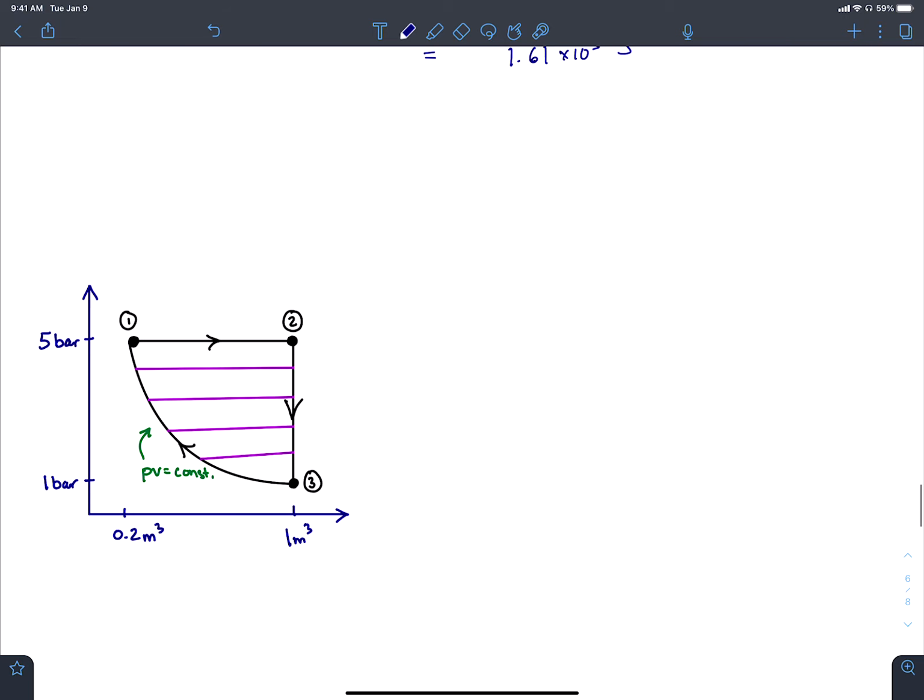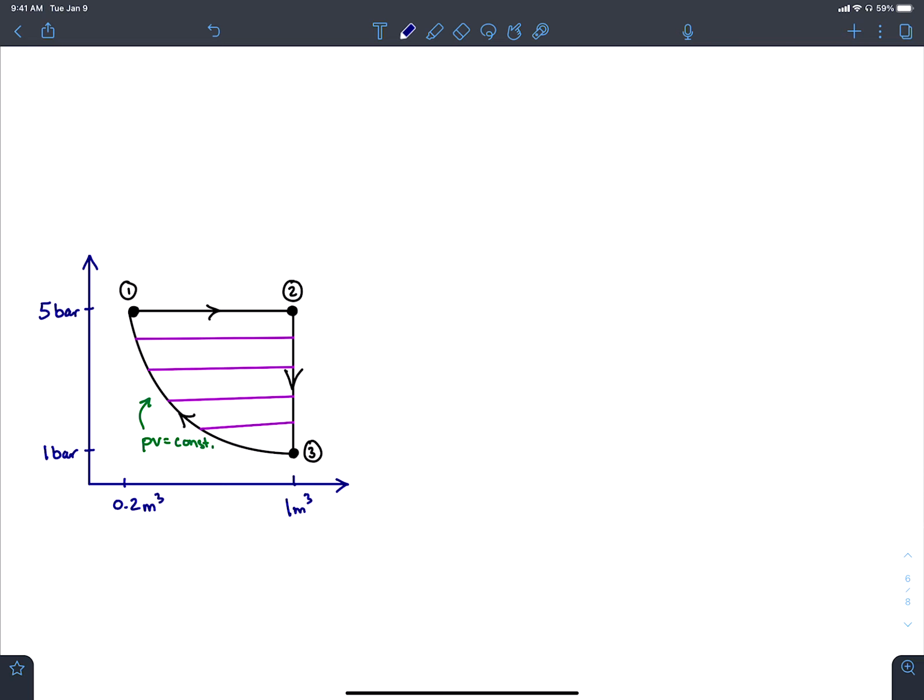Okay, so now looking at everything together, so work total equals the summation of your work, which is work 1,2 plus work 2,3 plus work 3,1, so our entire system in series. I'm just going to put this here.